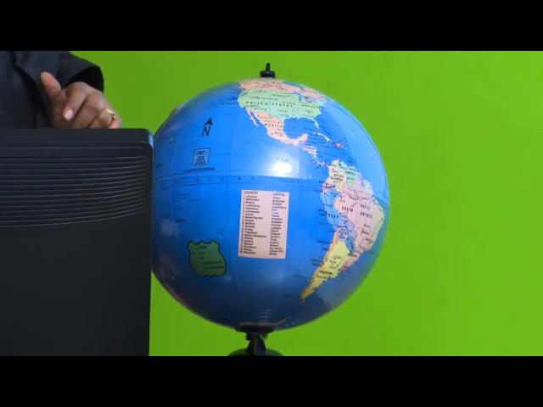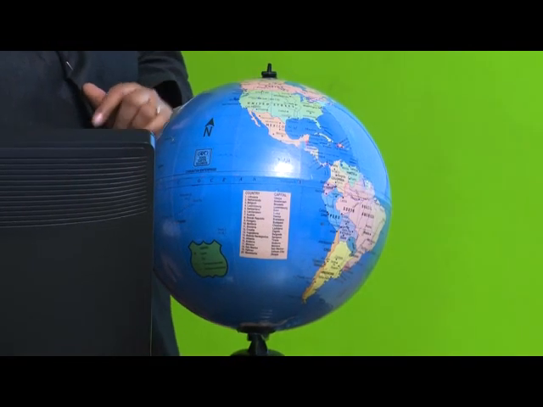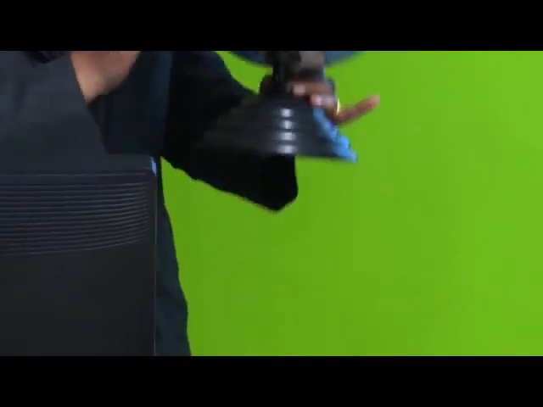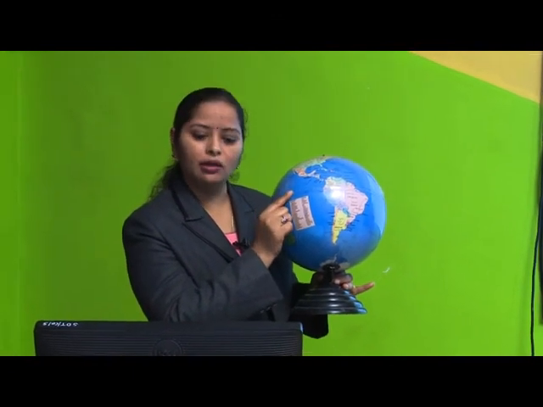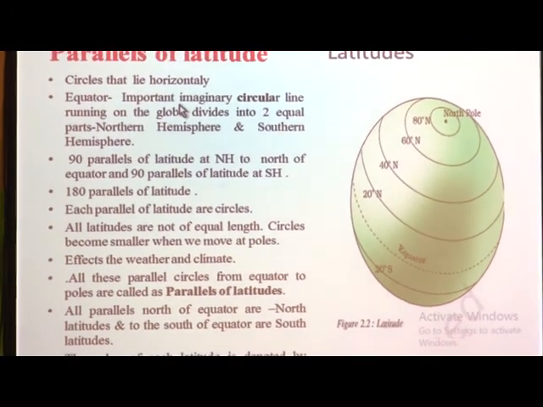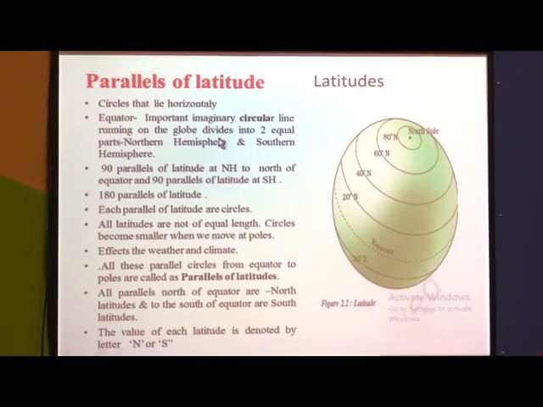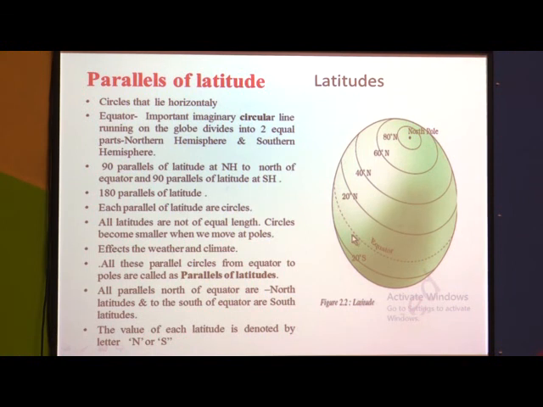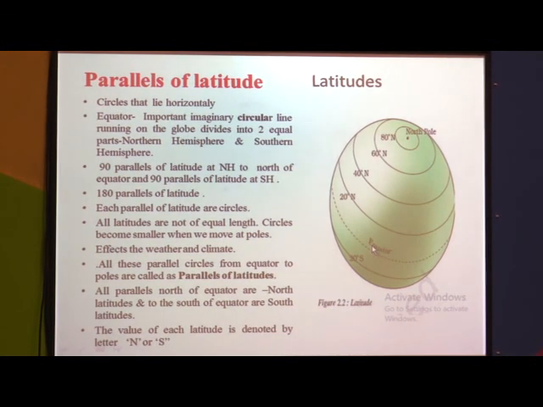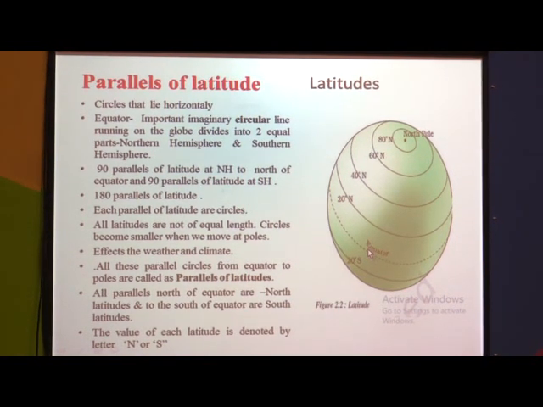Now children, see here in the picture, here at the center we will have a great circle, meaning this is the biggest circle of the globe, and this biggest circle is called the equator, right, or it is also called a great circle. So this equator is an imaginary circular line running on the globe that divides it into two parts, northern hemisphere and southern hemisphere.